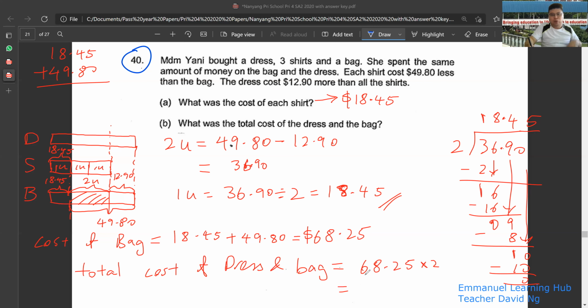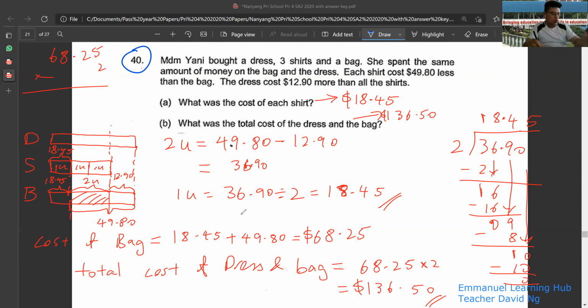I believe you know how to do this working by now. You will get 136.50. That is the answer for B. Any question? No.